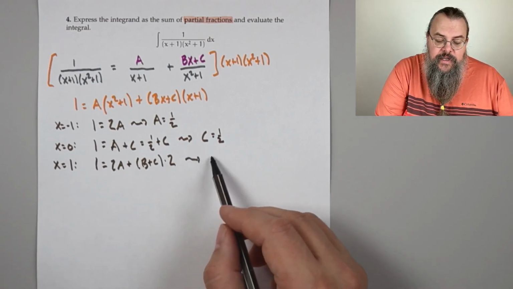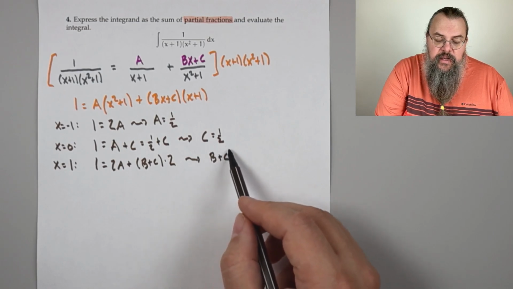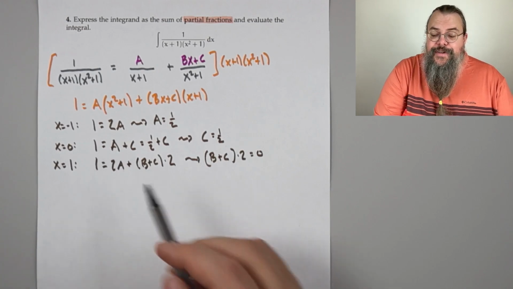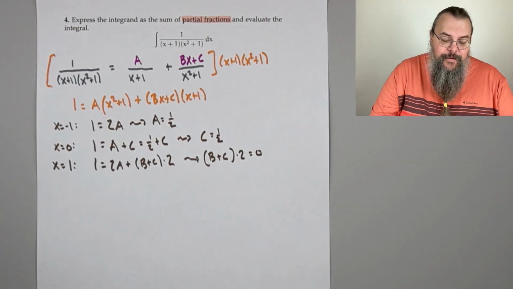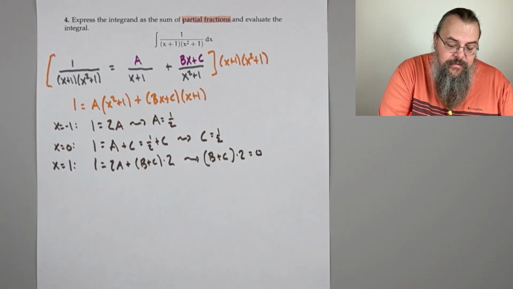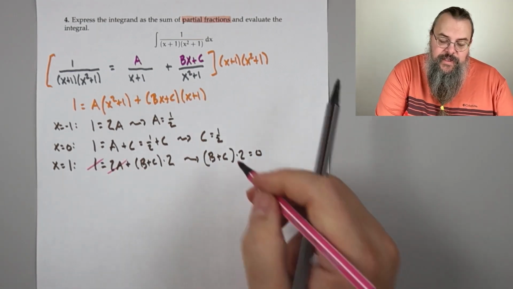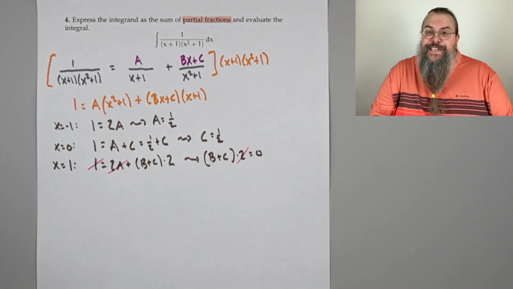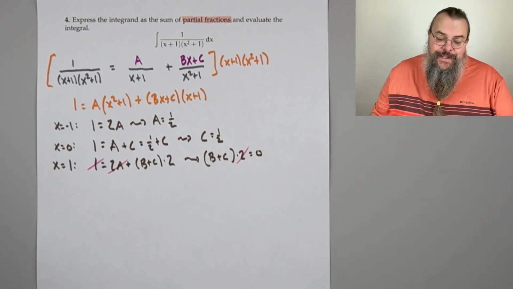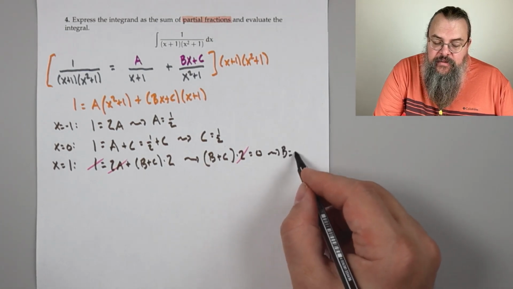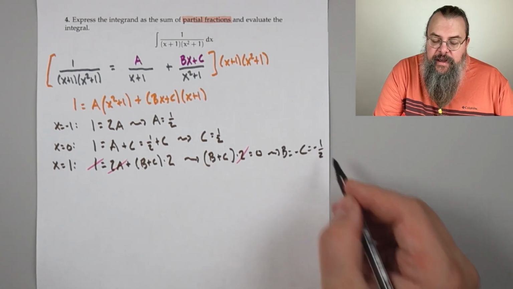Well, that tells us that b plus c times 2 has to equal 0, because these two terms cancel, right? 1 equals 2a, a equals a half. So b plus c times 2 equals 0, which means b plus c equals 0, which tells us that b has to be minus c, which means it's minus a half.